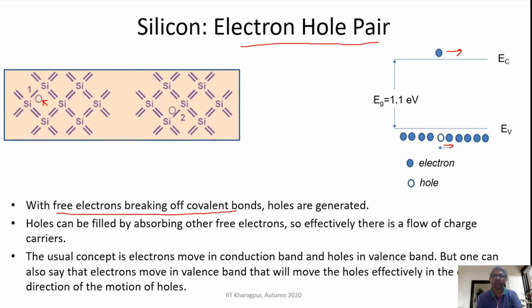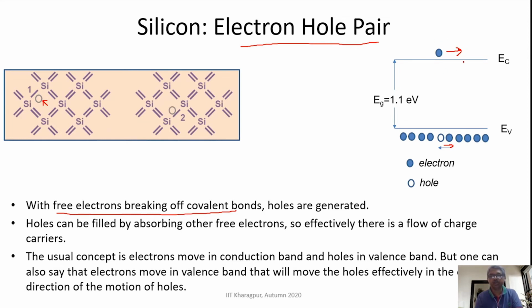But the usual concept is that we consider holes a positive charge carrier, present in the valence band, whereas electrons we consider a negative charge carrier, sitting in the conduction band.